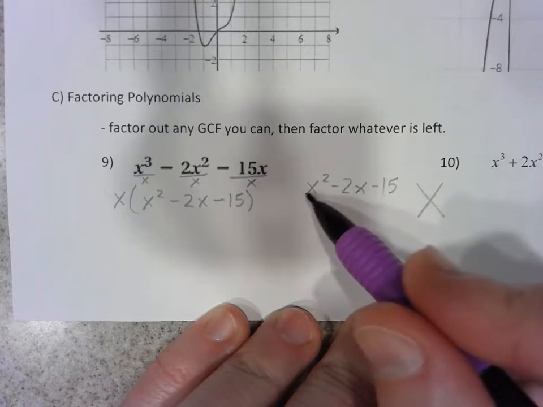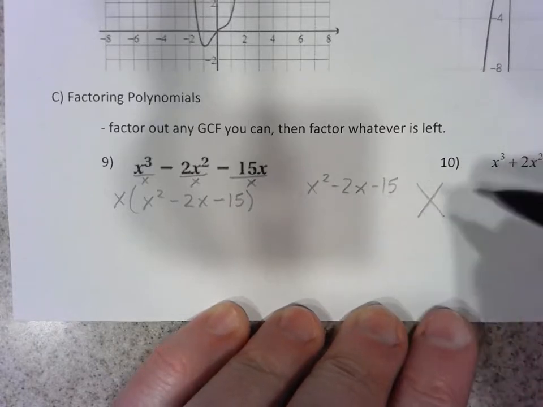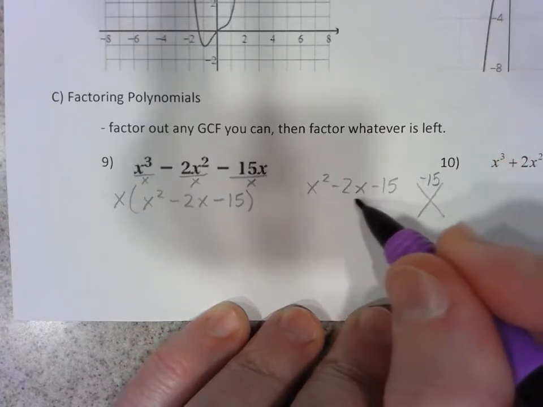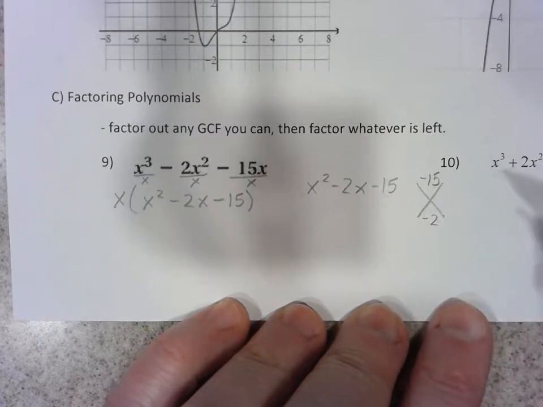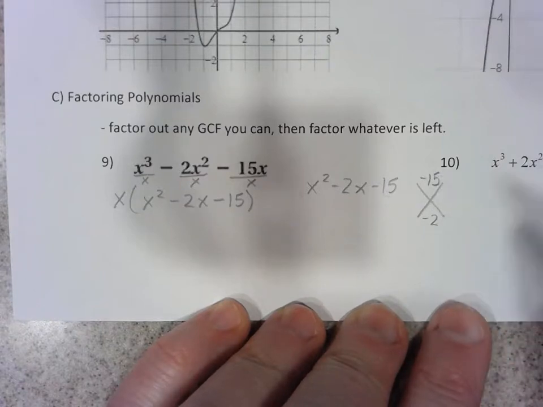The first term, the x squared term, times the constant term. 1 times negative 15 is negative 15. The middle term is negative 2. And so I'm looking for what 2 numbers multiply to get negative 15 that add to get negative 2.